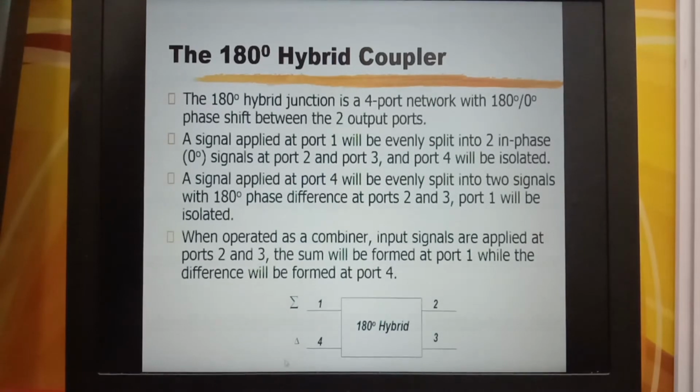But if the signal is fed to port 4, we will also have the signal output at port 2 equal to the power at port 3, but this time the two outputs will have a phase difference of 180 degrees.